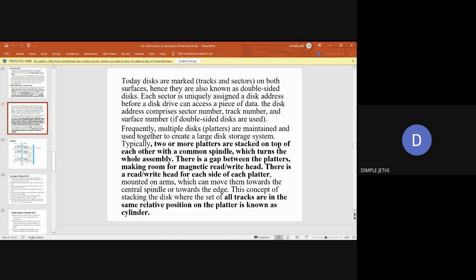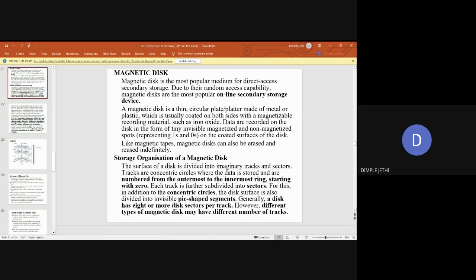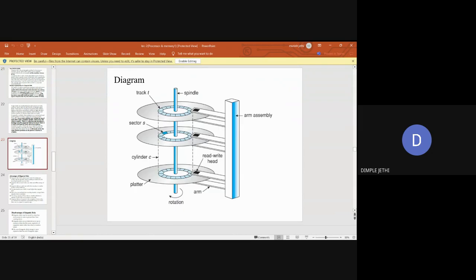Not me, this motor has to rotate the platter. All these tracks are numbered from 0, and it keeps increasing 0, 1, 2, 3, like that, from the outermost to the innermost. And these tracks are circular divisions, and a part of a track is called a sector.